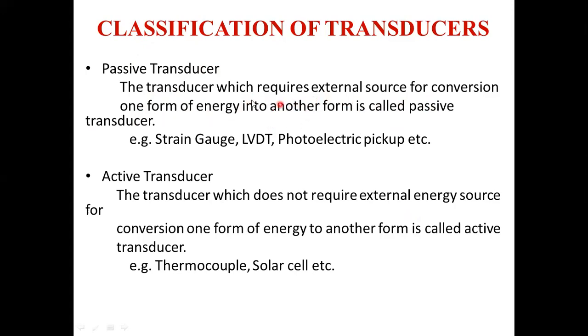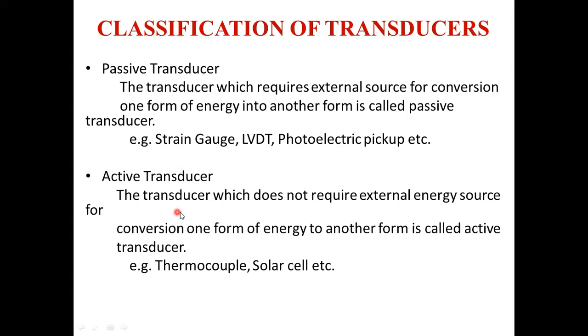Examples are strain gauge, LVDT, photoelectric pickup, etc. In LVDT, we have to give the supply to one winding, and the other winding we do not give supply to. They need the electrical supply. That is a passive transducer.